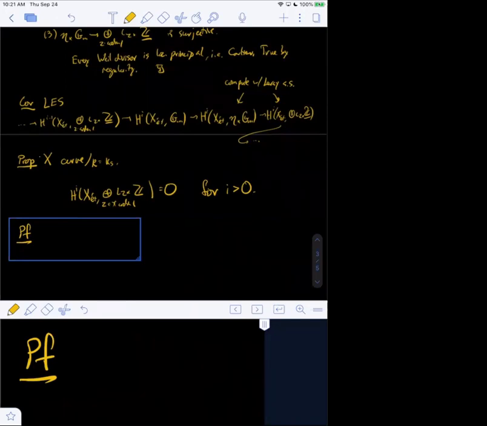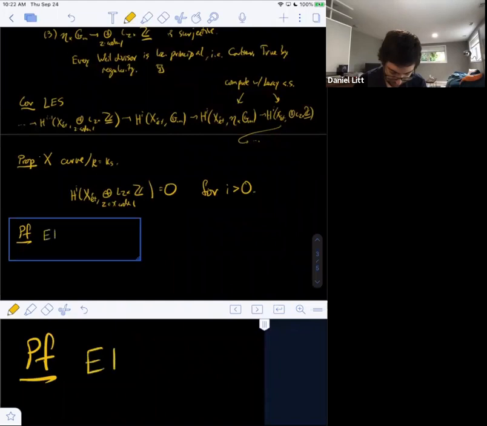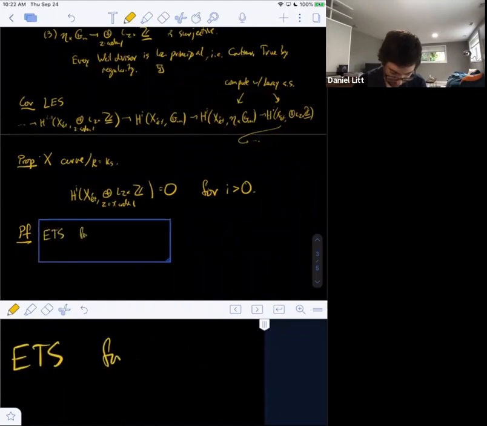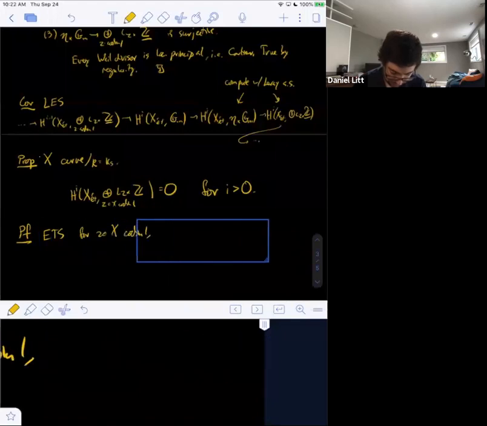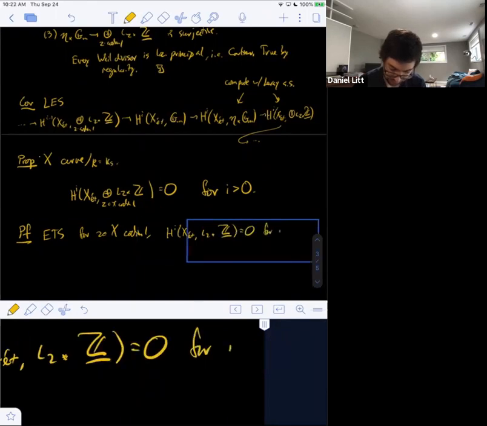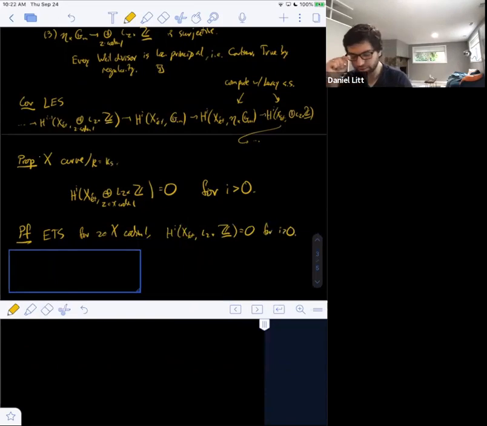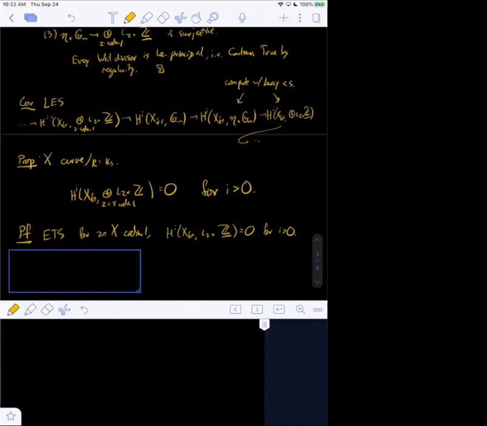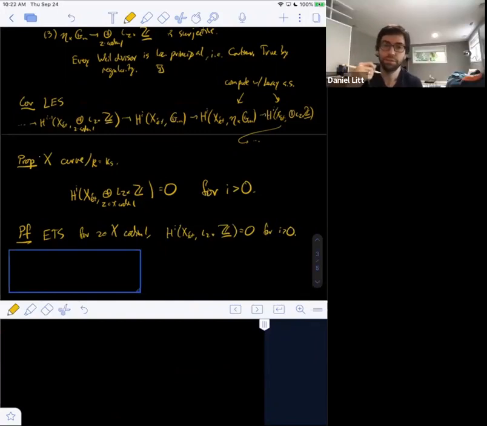Great, so it's enough to show that for Z in X of codimension 1, H^i of X Etale with coefficients in iota_Z lower star of blackboard bold Z is 0 for i bigger than 0. Great, so how would you show that? Any thoughts?